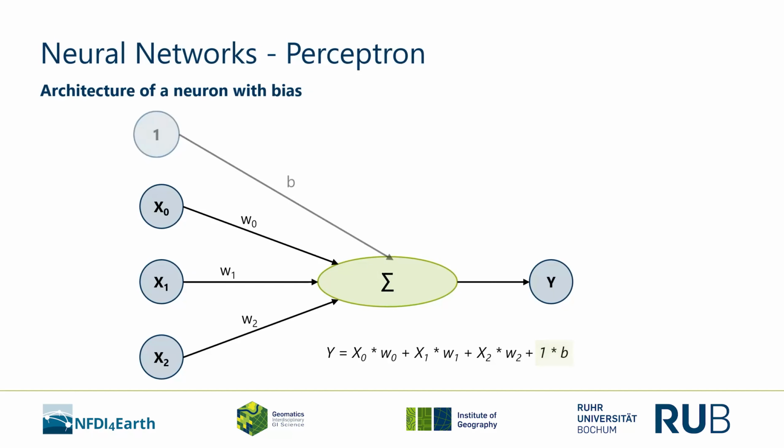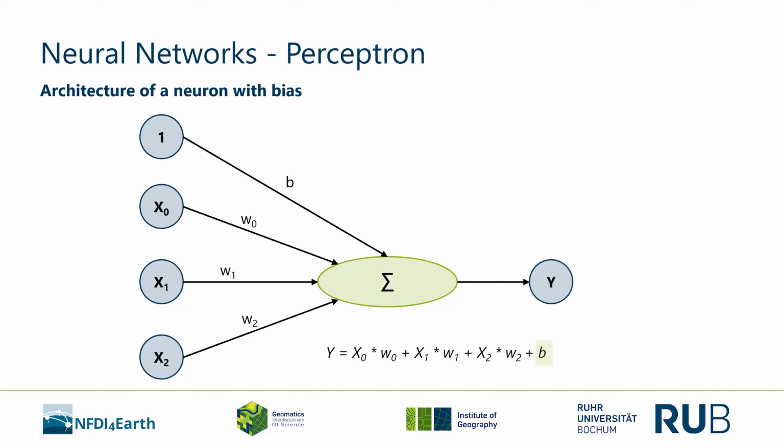The bias is simply another input in our perceptron. However, unlike the other inputs, it has a fixed value of 1. This 1 is also multiplied by a weight, denoted here as b. Our formula is thus extended by 1 times b. Since 1 times b is still b, we can simplify this part of the formula directly.